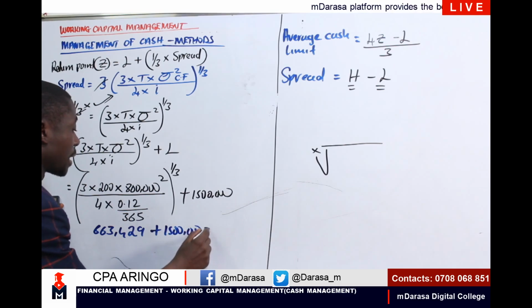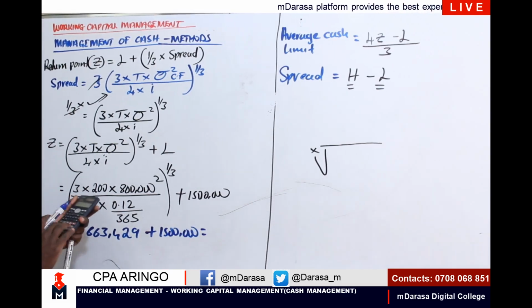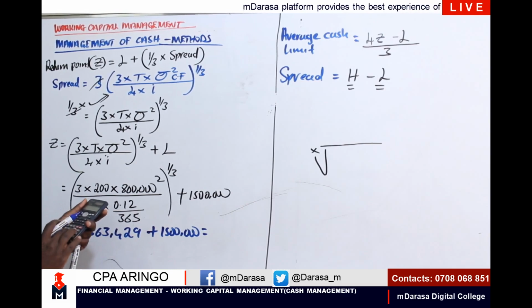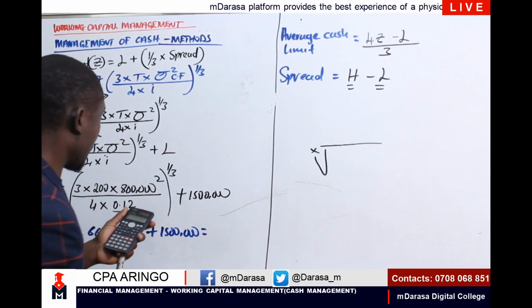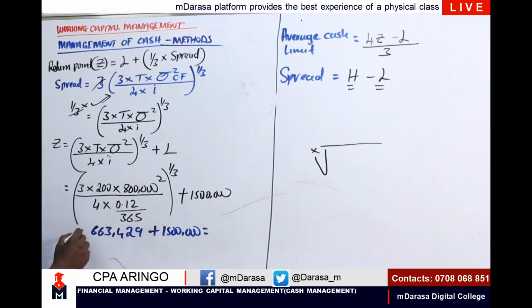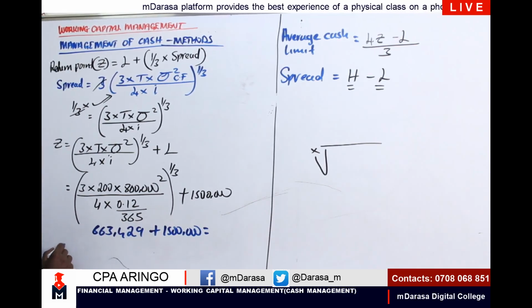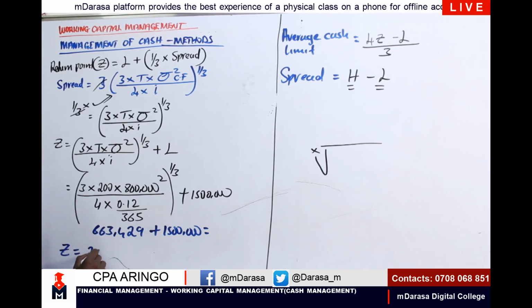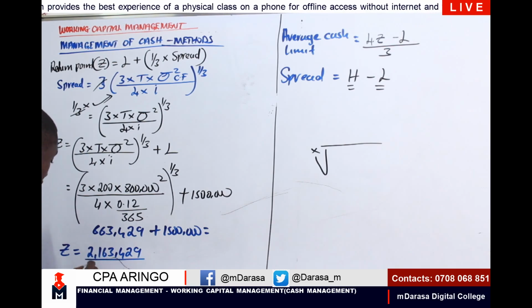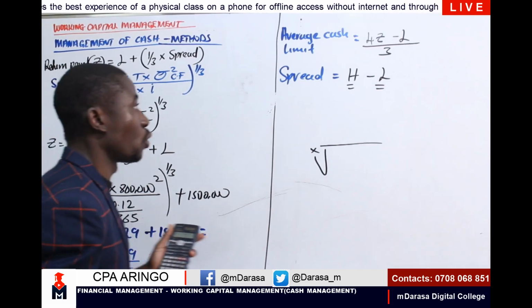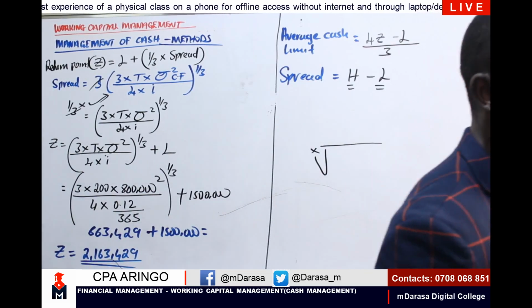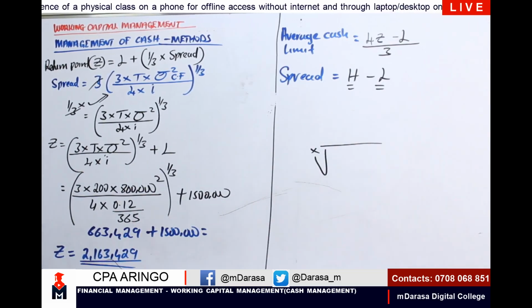So we can agree and say that our Z will be equal to 2,163,429. And that is the figure Mwalimu is getting. Kindly confirm with what you've computed on your end.